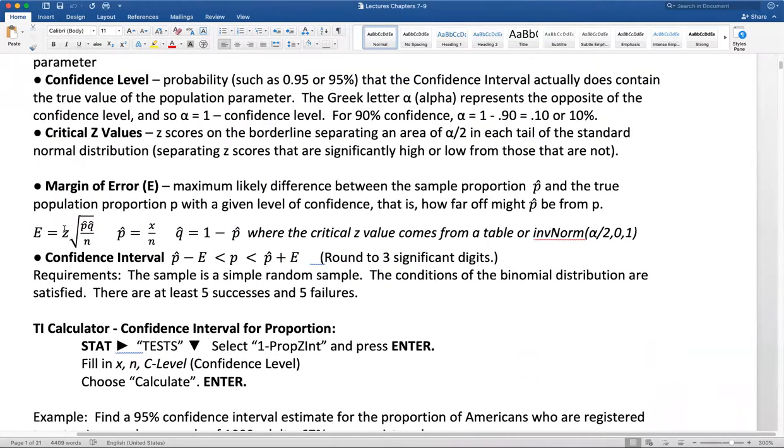The z here is called the critical z value. It is the z score on the borderline separating an area of alpha over two.